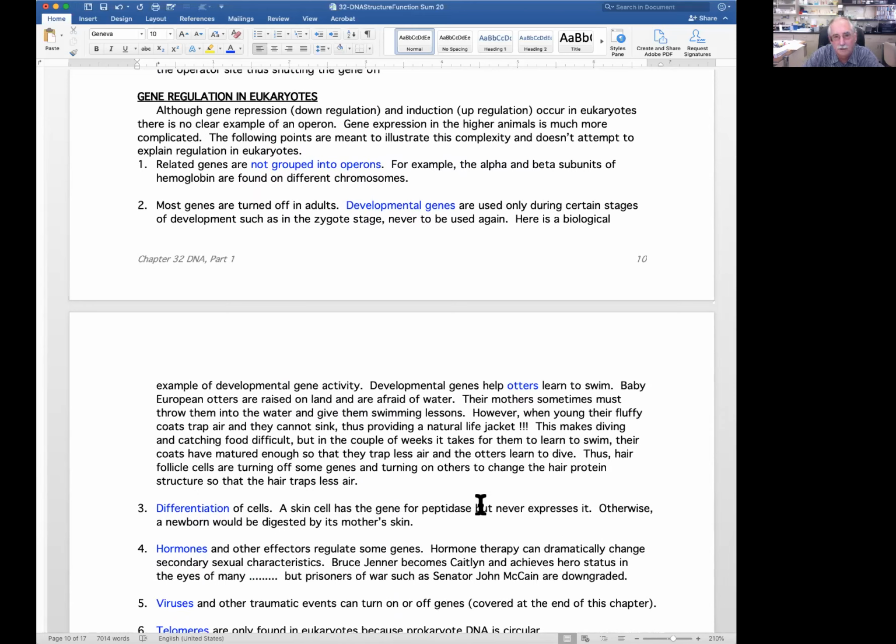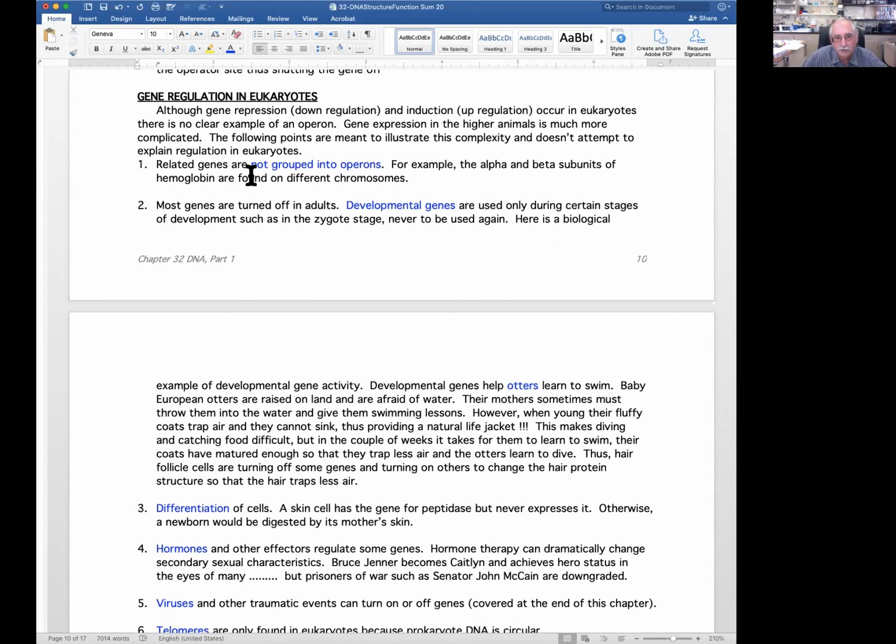What about in eukaryotes? Well, we have repression of genes, we have induction of genes, but we have no clear example of an operon. It's much more complicated. And so all I'm going to try to do is show you why it's so much more complicated than in a prokaryote.